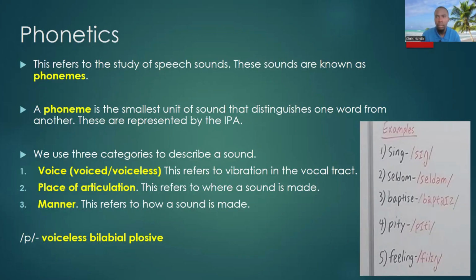P, P, P. And in manner, it is called a plosive or stop. This is where there's a stoppage of airflow in the vocal tract, followed by a release of air. So, plosive. The voiced equivalent to this would be B. That's a much louder sound, so that's voiced.